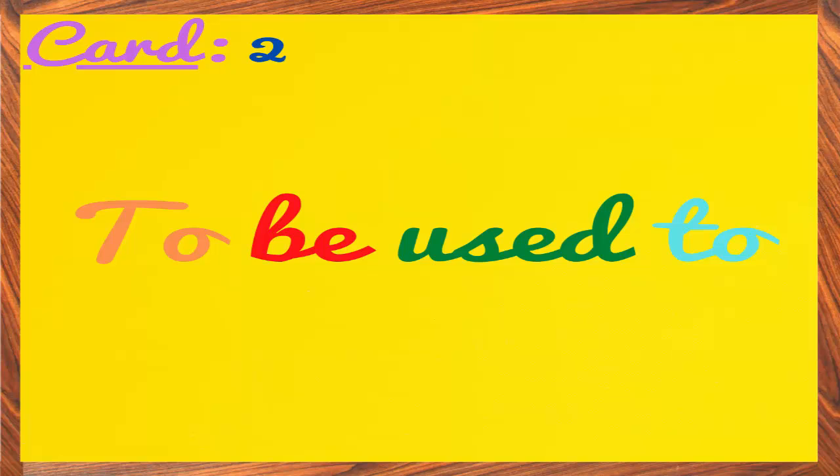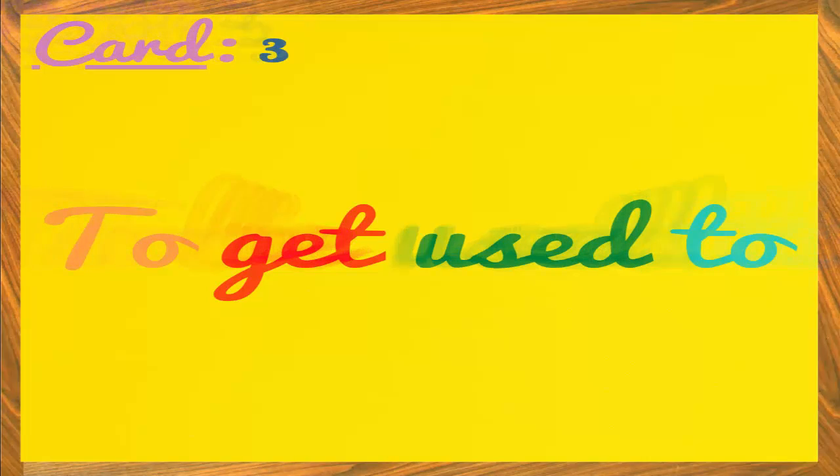We will elaborate and give examples on how it should be pronounced and used in a sentence. The third card, we will introduce to get used to. Notice the previous card was to be used to. Now card 3 is to get used to. So what's the difference?